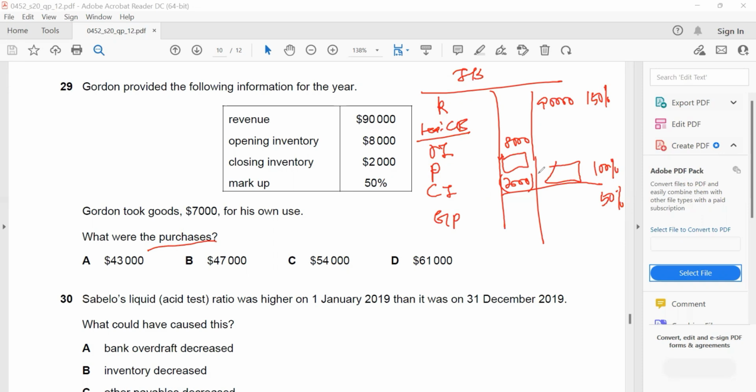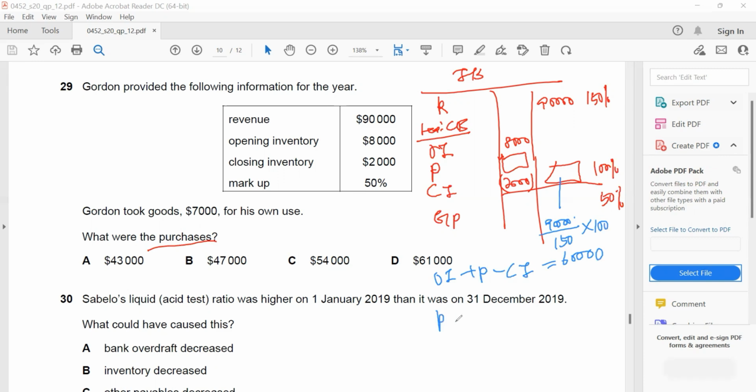How are we going to find this amount? We take 90,000 divided by 150 times 100. Mathematical concept applied here. 90,000 divided by 150 times 100, so we get 60,000. This is the cost of sales. Cost of sales is opening inventory plus purchases minus closing inventory.